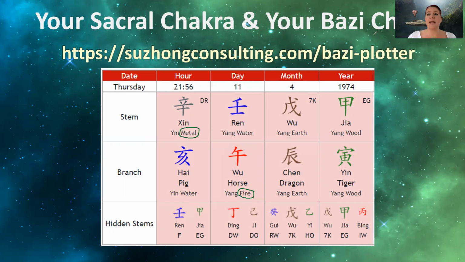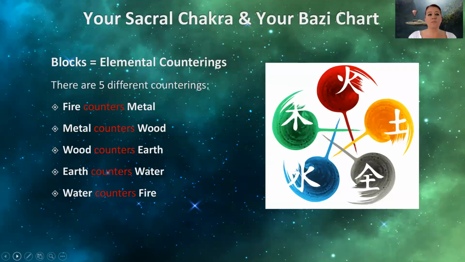All right. Once you have identified those elements, it's important to know whether or not there is a clash or a countering between those elements to identify the actual block. There are only 5 elemental counterings that can appear, and they translate into blocks.